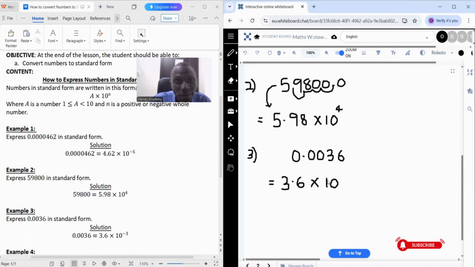How are we going to get the power? We want to know the number of places we're going to move the decimal point to make it 3.6. Here we have 1, 2, 3. Is it going to be a positive 3 or a negative 3? You compare the original number with the first number. 0.0036 is less than 3.6, so we're going to have a negative power. So we're going to have this to be -3.